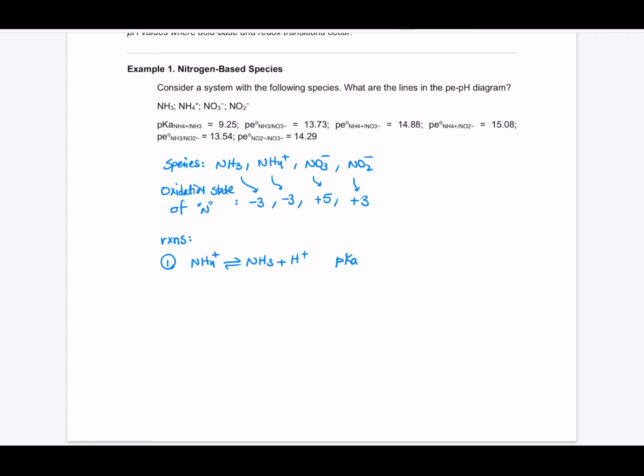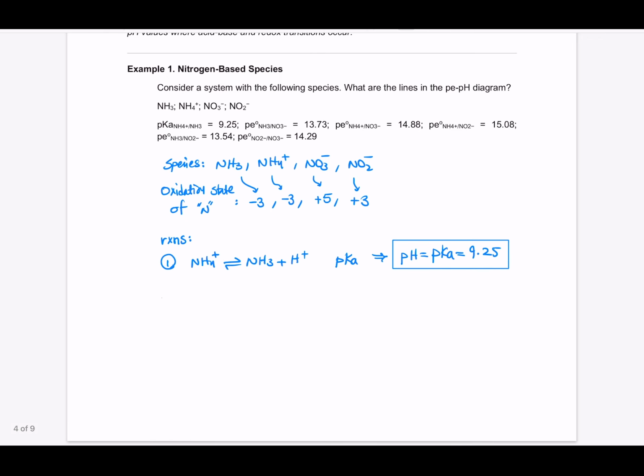And what we've learned in the previous page, the line representing this one would be pH equal to pKa equal to 9.25. You can see here all the constants are given, and when you look at the subscript, you see ammonia nitrate, ammonium nitrate, ammonium nitrite, all the pairs basically. So it gives us all the possibilities. So this is the first line. It's a very simple line, a vertical line that is representing this reaction, obviously an acid-base reaction.